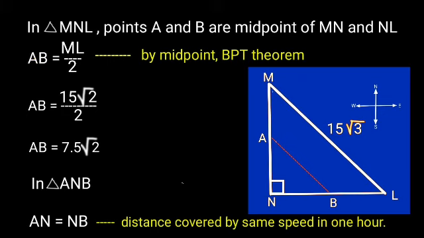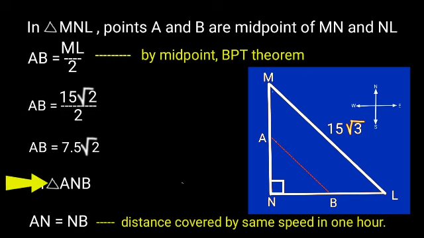The reason is midpoint and BPT theorem. Substituting the value of ML, AB is equal to 15 root 2 upon 2, 15 upon 2 that is 7.5. Hence AB is equal to 7.5 root 2.